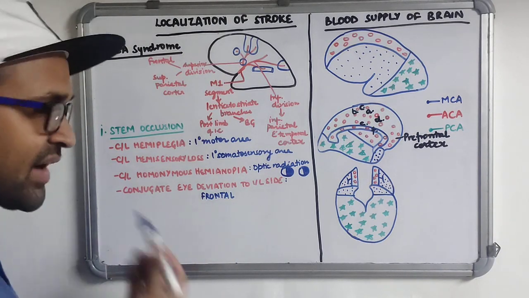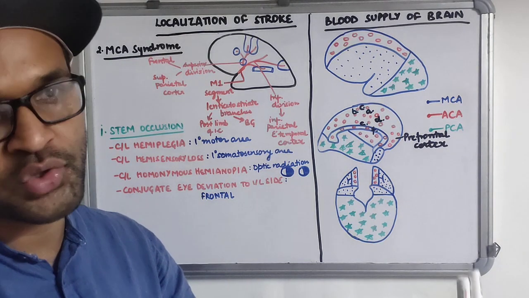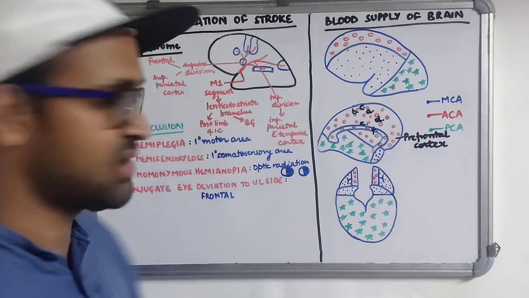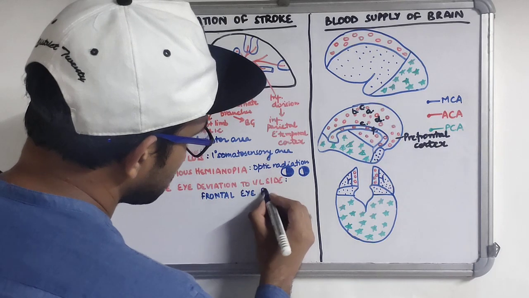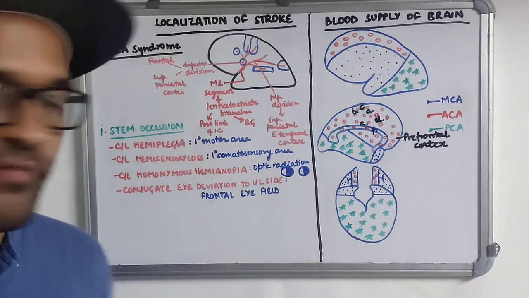When it is affected due to infarction, there is palsy of contralateral conjugate eye deviation, and ipsilateral eye deviation occurs. So the eye deviates towards the side of the infarct.